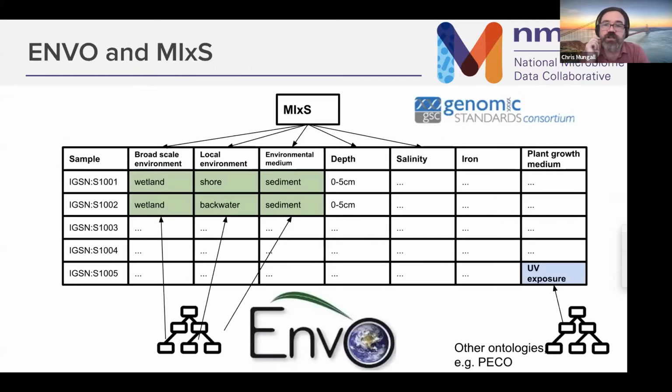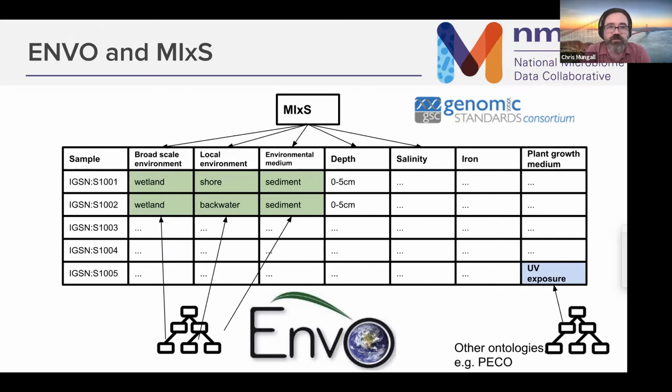And I can show you just how this fits in within a broader framework here. EnvO really works in concert with MIxS, the Minimum Information about any Sequence standard from the Genomic Standards Consortium. MIxS gives you a standard set of terms that can be used essentially as a data dictionary to describe the columns in your data set.